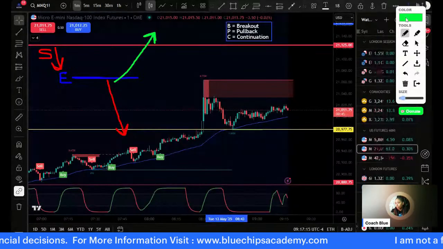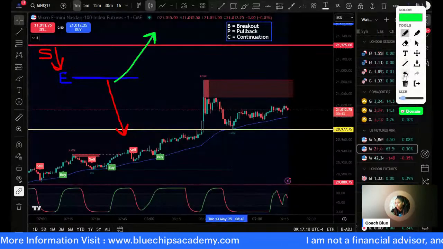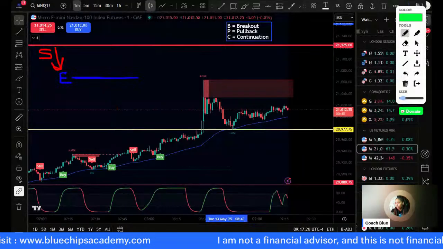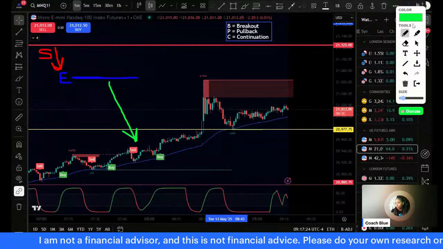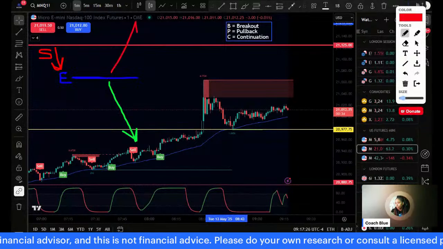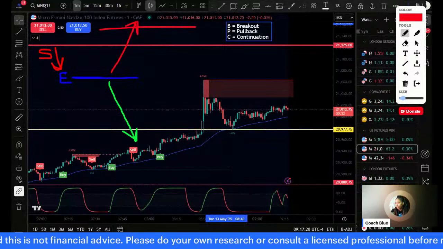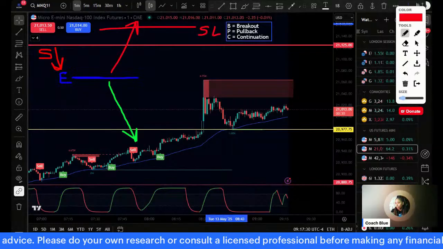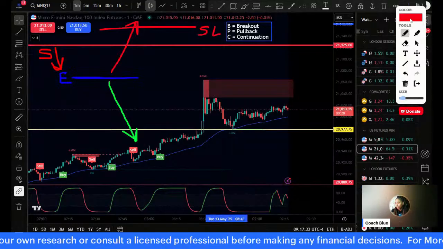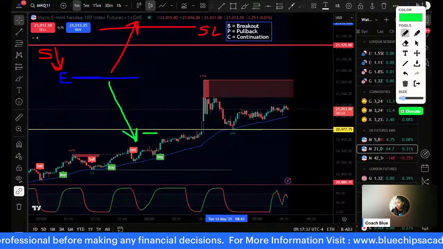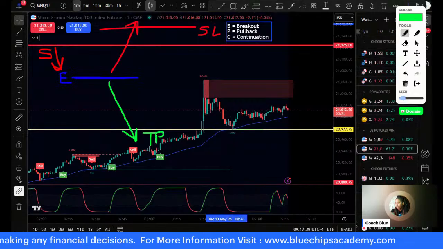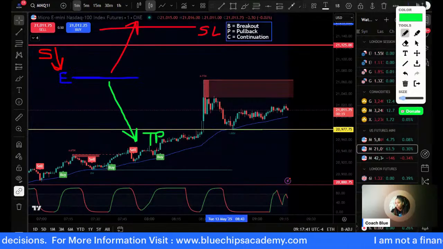Actually, let's switch these colors. We'll do this because this is profit, and then we'll use this for a negative balance. So let's say this is our stop loss right here, and this is profit. And then soon we're going to look into the market, and we're going to see if we can get into some trades today, guys. So we have our take profit.